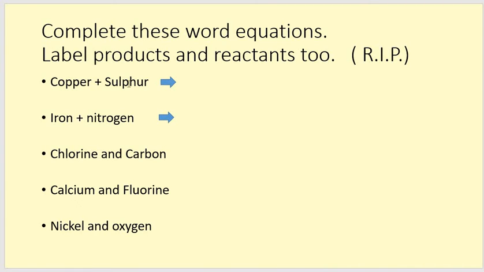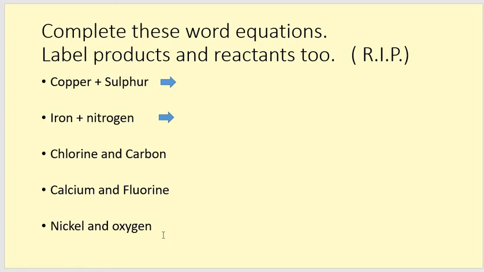Now, we have got some word equations where I've only given you the beginning. But I have been kind, I have put the metals first. So you've got copper plus sulfur, arrow. Remember, reactants in front of products, RIP, these are your reactants. That's your reminder that you need to put your products over here. Iron and nitrogen, chlorine and carbon, calcium and fluorine, nickel and oxygen.